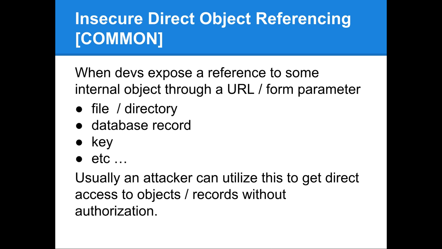This may be a file, a directory, it may be database records, it may be keys, or etc. But in general, in these cases, it is usually common that an attacker can use this vulnerability to access other records or objects without authorization as well. This is also very similar to broken authentication and security misconfiguration.